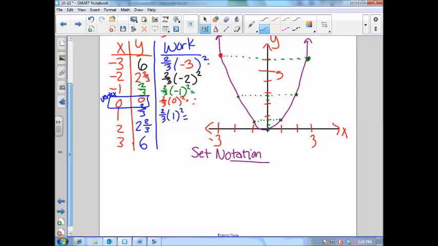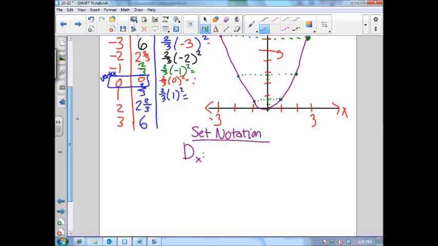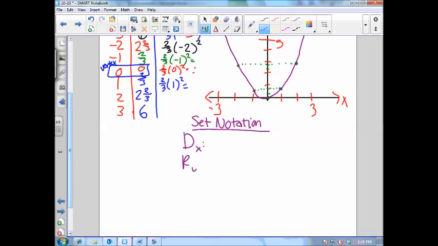For domain, remember domain is the spread of the x's, so that's why on my domain I put a little sub x. So I remember domain is related to the x-axis. And the range, r sub y, is related to the y-axis, because the range is looking vertically, top to bottom, the spread vertically.